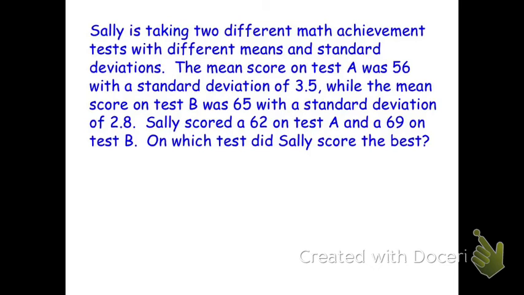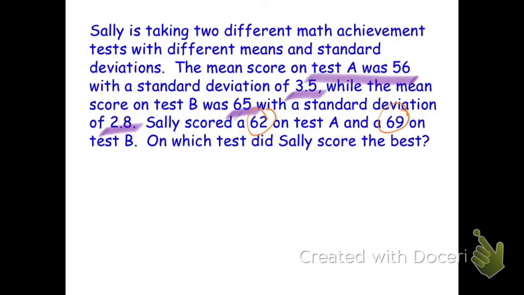The mean on test A was a 56 with a standard deviation of 3.5. The mean on test B was a 65 with a standard deviation of 2.8. Sally scored a 62 on test A and a 69 on test B. Which one did she do better on? Don't choose the 69 because the score is higher. It's all relative to how everyone else did.